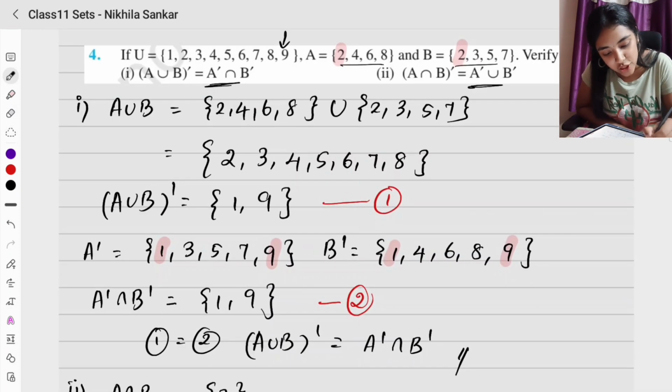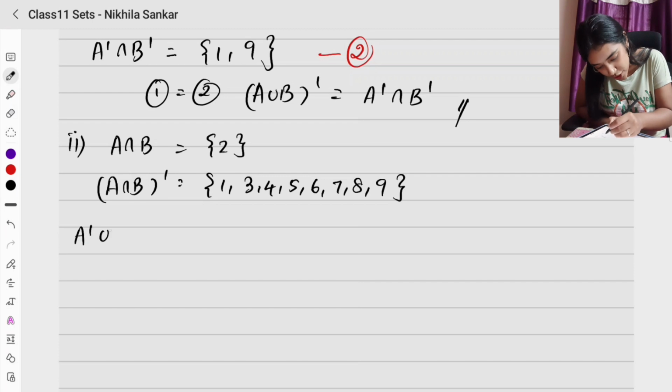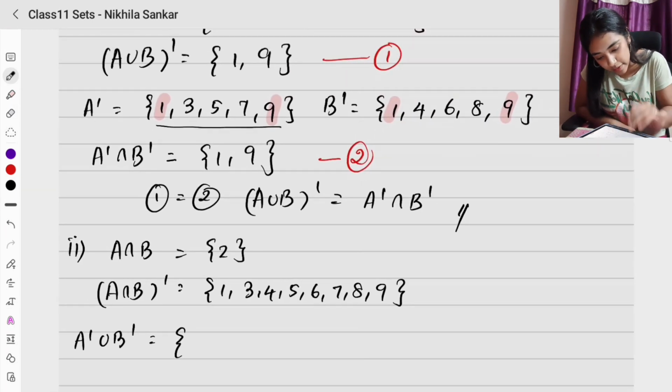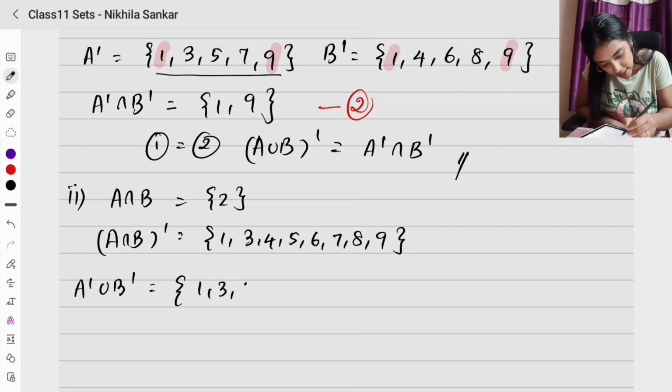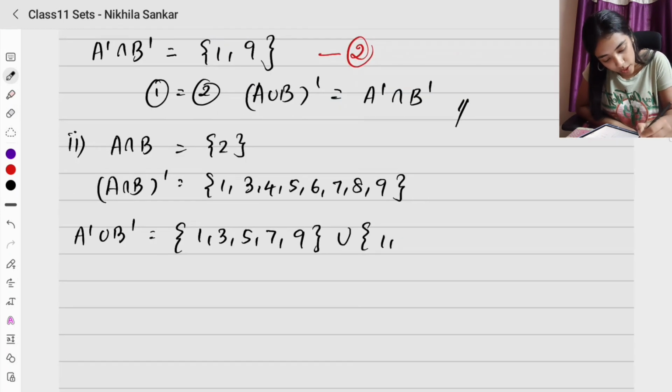Now I have to do A dash union B dash. A dash is 1, 3, 5, 7, 9, union B dash, which is 1, 4, 6, 8, 9. What is the union of this?